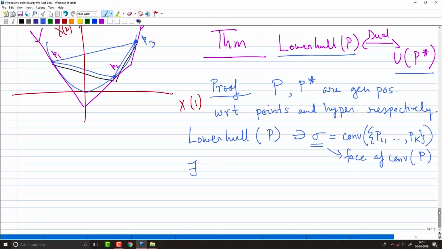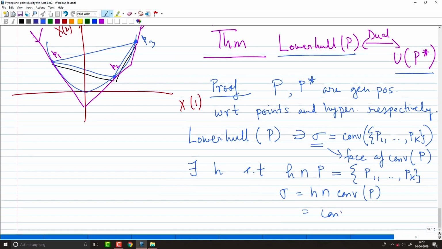There exists a non-vertical hyperplane H such that H intersection P is equal to the set P1 to Pk, and the face sigma is equal to H intersection convex hull of P, which will be equal to convex hull of these k points. This is from the results we proved last class, right? Good. So this is the face.